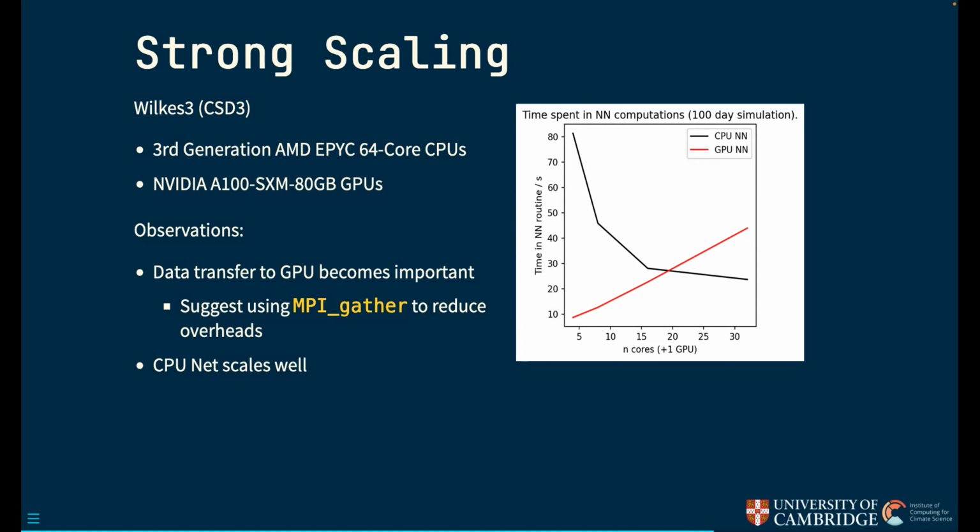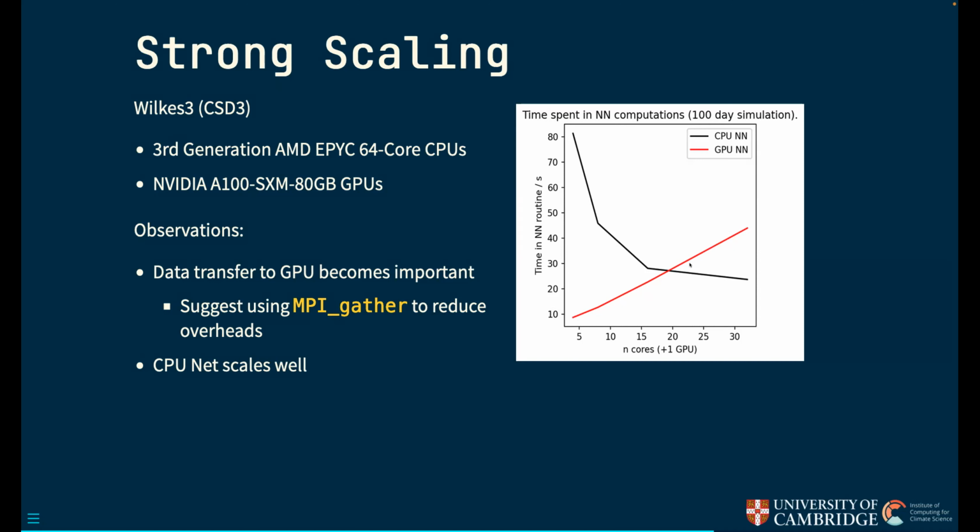The results we get are that as we increase the number of cores, the time spent in the CPU neural net drops, which makes sense because we're operating on smaller quantities of data. But interestingly, the time spent within the GPU neural net increases.